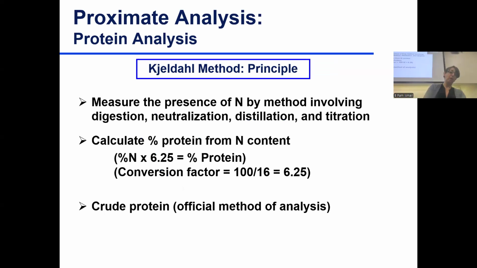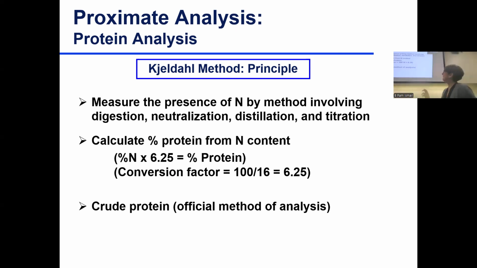So let's start by talking about Kjeldahl. Some of you already did the lab. Some of you will do the lab on Wednesday. But Kjeldahl is one of the oldest, if not the oldest, official methods of analyzing protein. It measures amine groups or nitrogen, and then we convert the nitrogen to amount of protein.